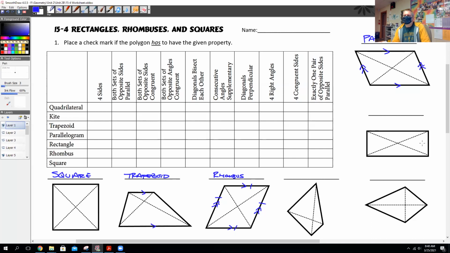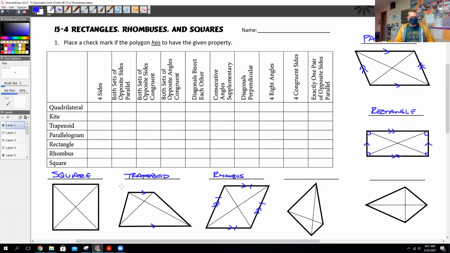What about this one here? Yes, its opposite sides are parallel, right? So those are parallel to those. So it's really a parallelogram, but it's also a special parallelogram because these are right angles. So this does indeed make this a rectangle.